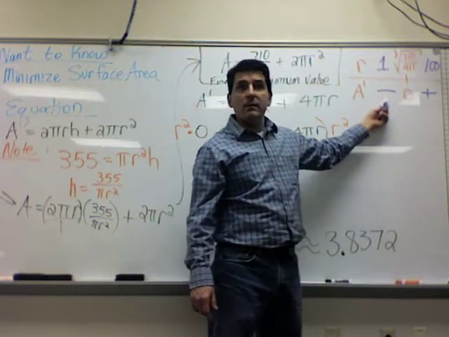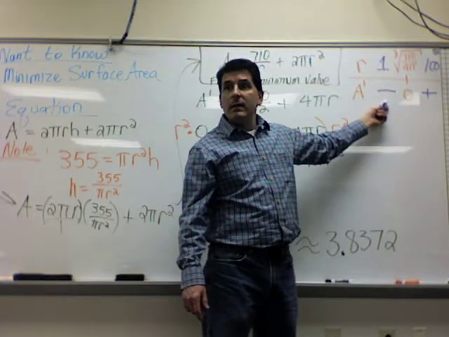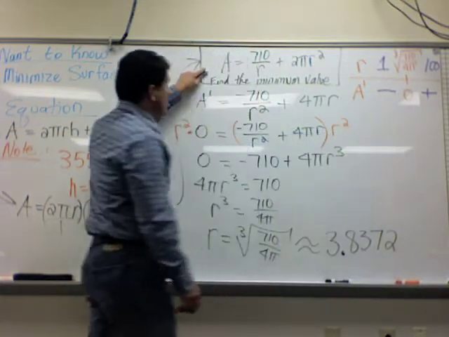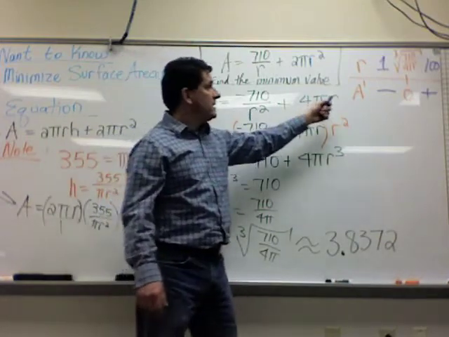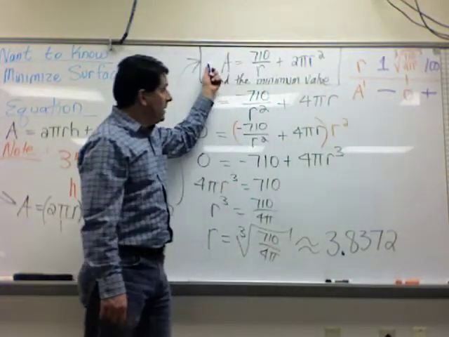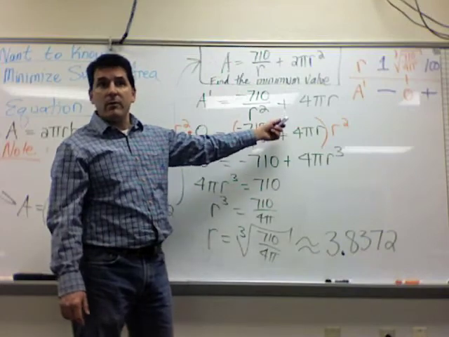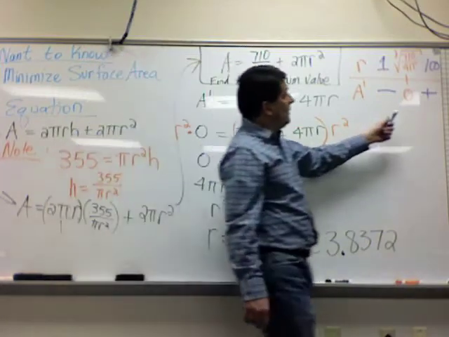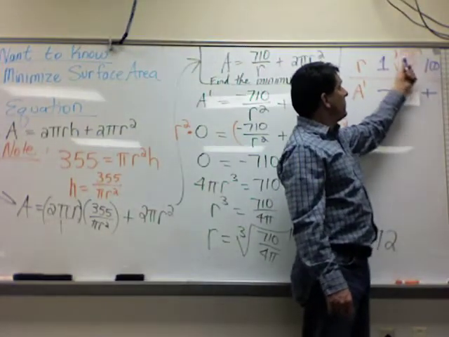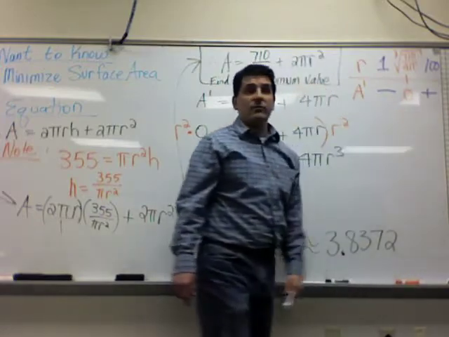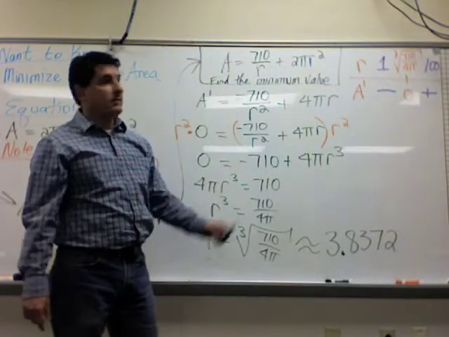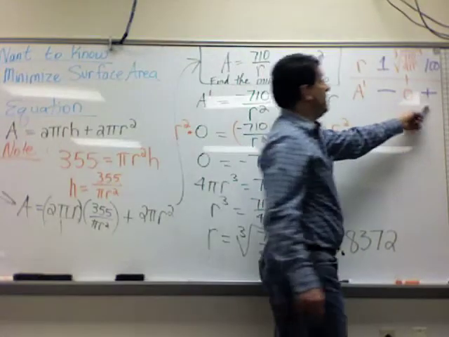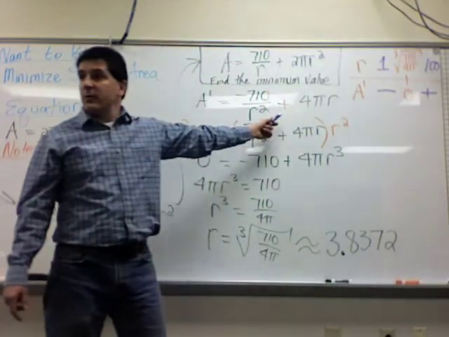What does that mean? Decreasing. The area is decreasing. Okay, since A prime is negative, the area is decreasing. We're getting lower and lower and lower. And then, to the right of the cubed root of 710 over 4 pi, it is increasing. That is, A prime is positive, therefore the area is increasing.